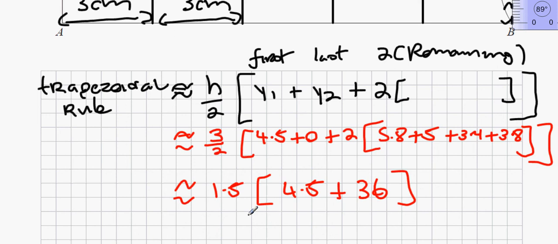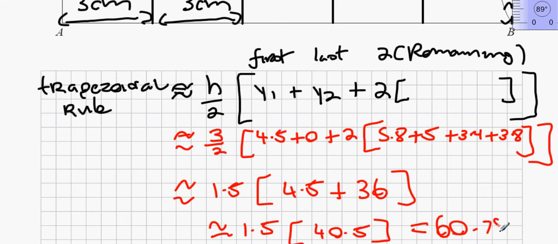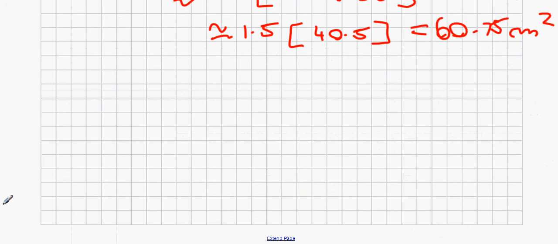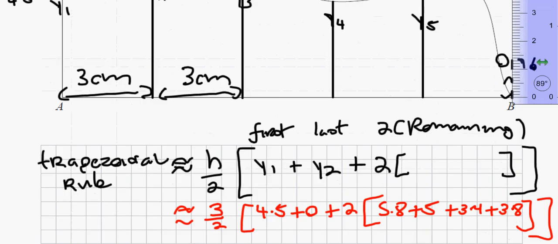So it's going to be 1.5 times 40.5, and what we're going to get is 60.75 centimeters squared. And that is basically the end of question 5 and the end of this video.